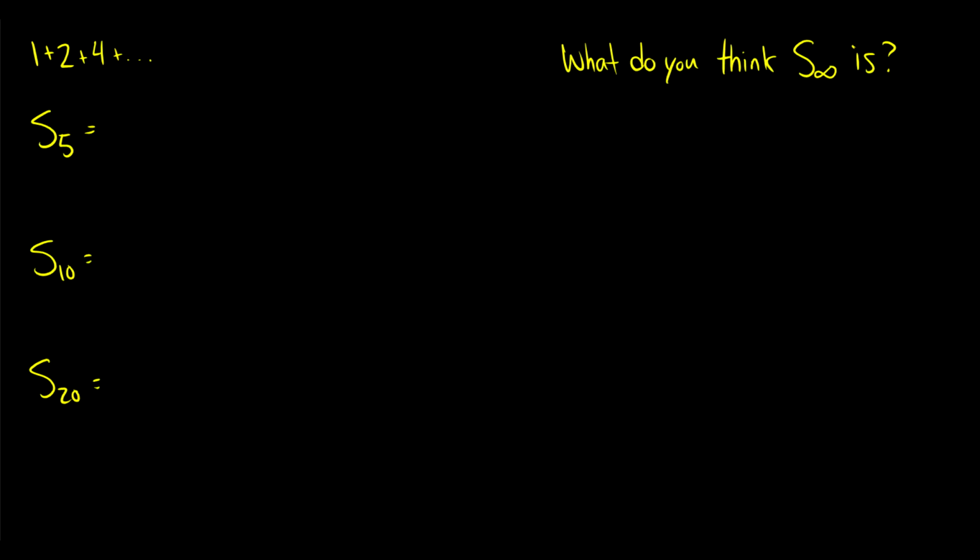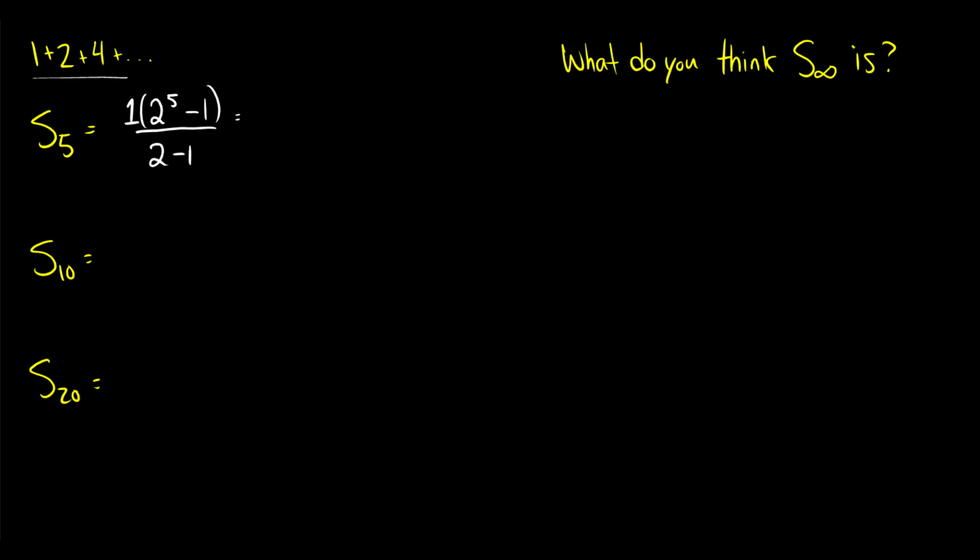So we have a series here, 1 plus 2 plus 4, most likely plus 8 plus 16. And we're going to solve something. So we're going to say, what is s of 5? Well, if we remember the formula, s of 5 is going to be a, which is 1, times the ratio to the n minus 1 over the ratio minus 1.